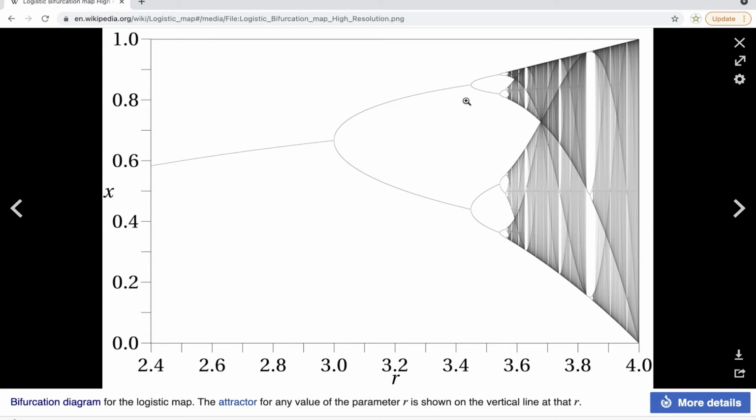Our second bifurcation right here, around 3.4 something, 3.45. Our third bifurcation, and you can see how we don't have to move much along here, and the bifurcations occur more rapidly. And then we enter into the chaos zone right here.